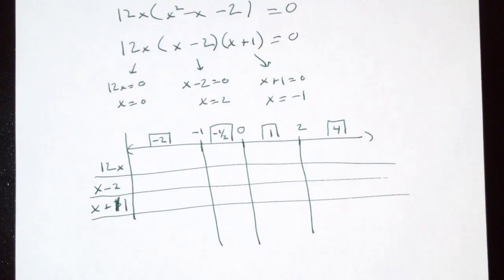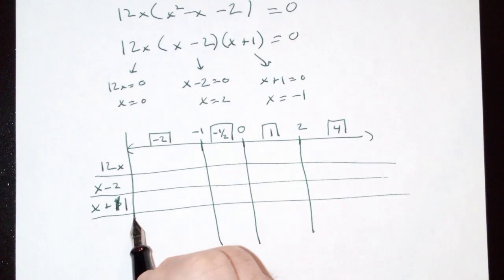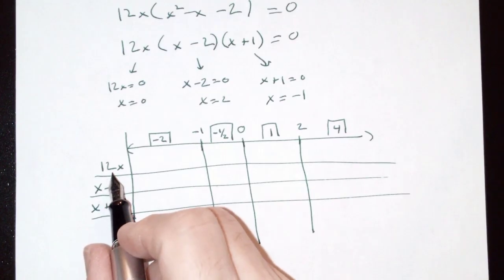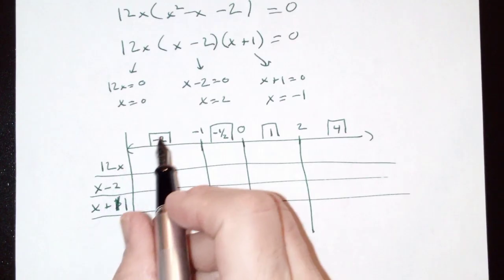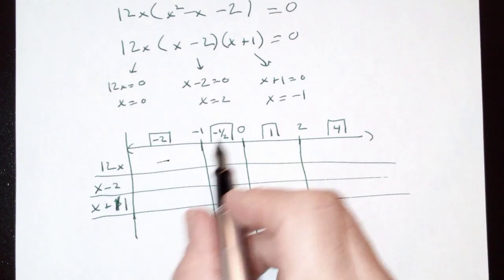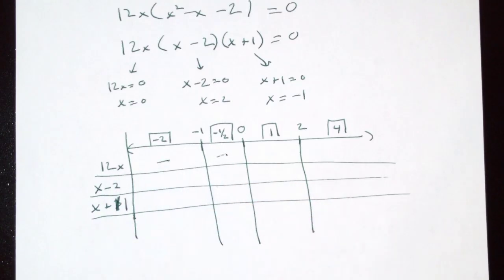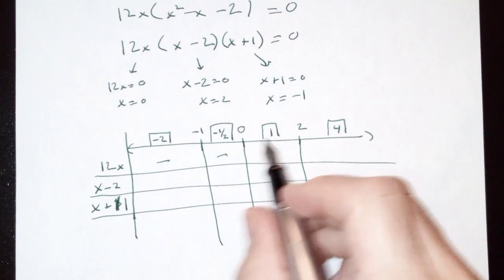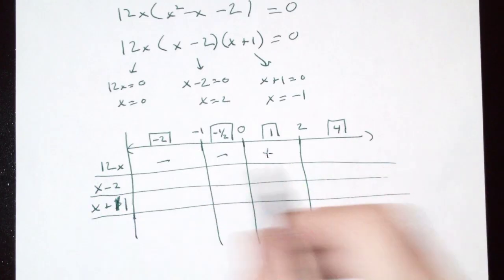Does that make sense? Well, now I can just plug these numbers into this, and that's a lot easier to plug into. -2 times 12 is negative. -1/2 times 12 is negative. I don't care what the number is. I just care what its sign is. 1 times 12, 4 times 12. Those are both positive.